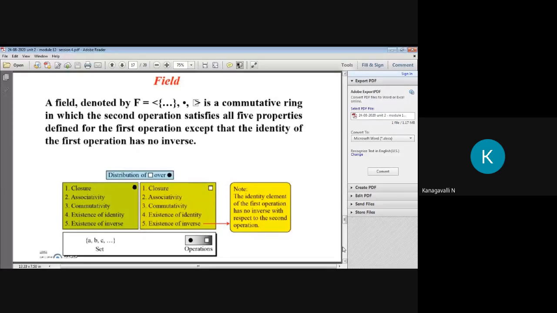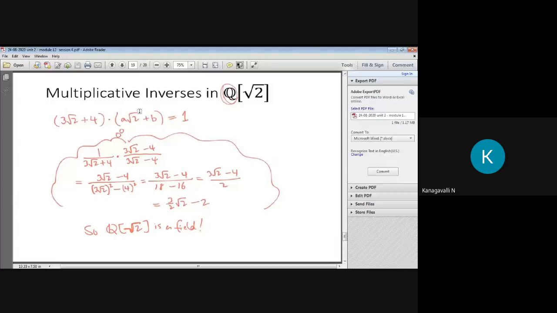So we need to perform the inverse operation with the help of the second operation. So this is our question: 3 root 2 plus 4 into the multiplicative inverse, our original term a root 2 plus b, equals 1. Right? So we need to write. See, on your left side, you just have these terms.